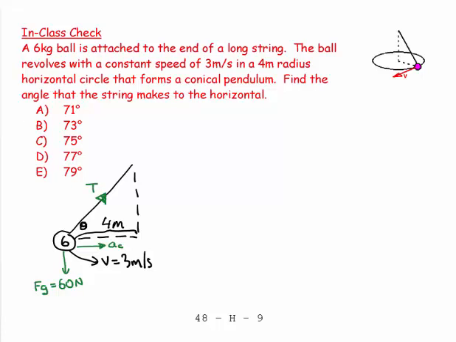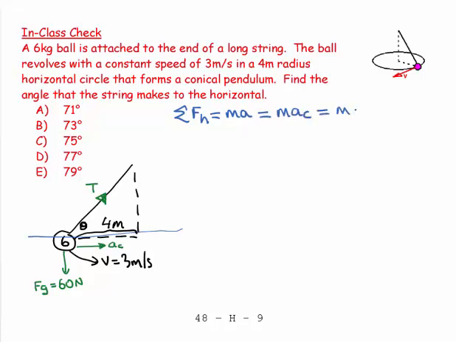And so I should be able to make a start. I say the sum of the forces, I'm going to use the horizontal line because that's where my acceleration points, is equal to ma, which equals, well, it's centripetal acceleration, so it's m ac.